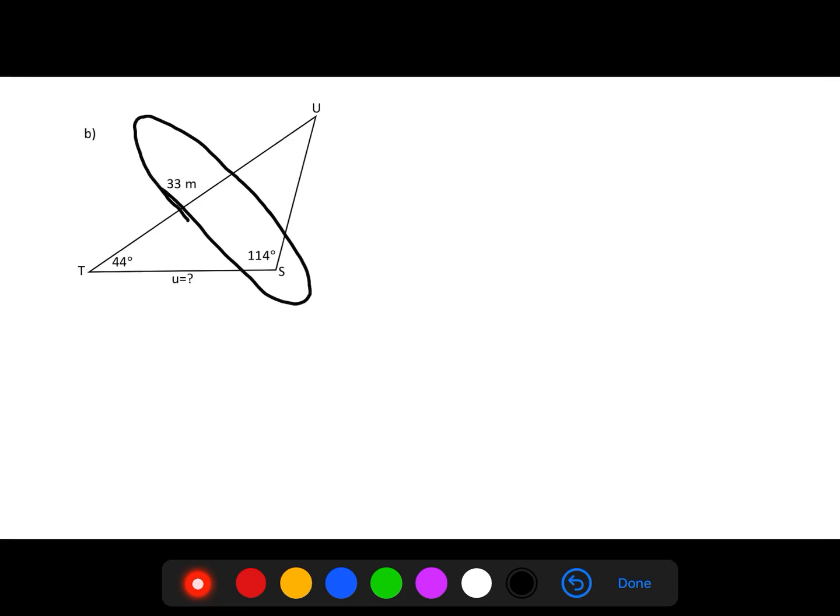Taking a look, we do have, so we want to use sine law if at all possible, and we notice that we do have a side and an angle that go together, so we want to take a look at sine law. Now, we want to solve side U, so we want to be able to compare that ratio to our U ratio.